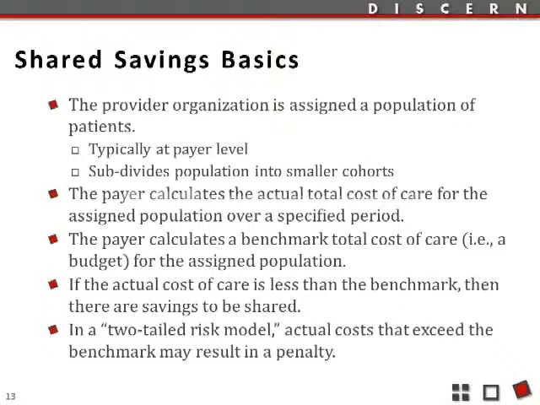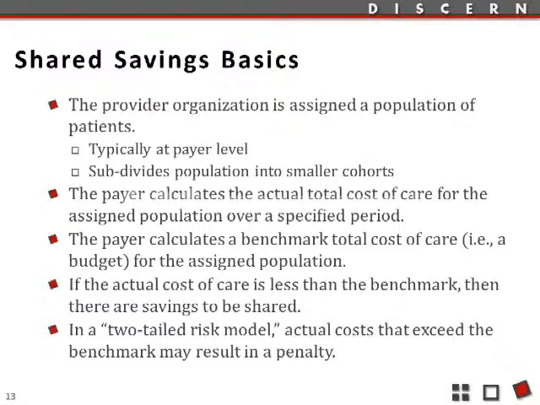And because of this, it typically means that even within a provider organization who might be participating in a shared savings program with multiple payers, its population has actually been subdivided at the payer level, right? So it has its health plan A population, its health plan B population, its Medicare population.